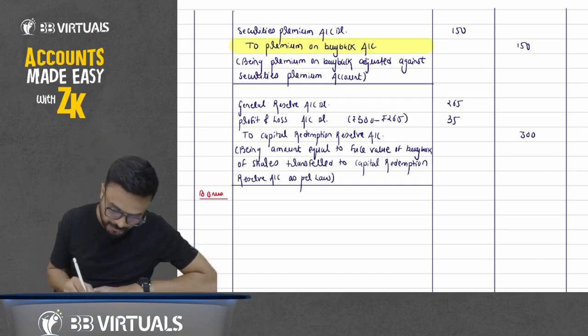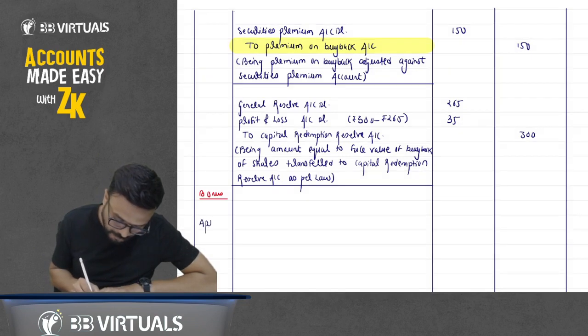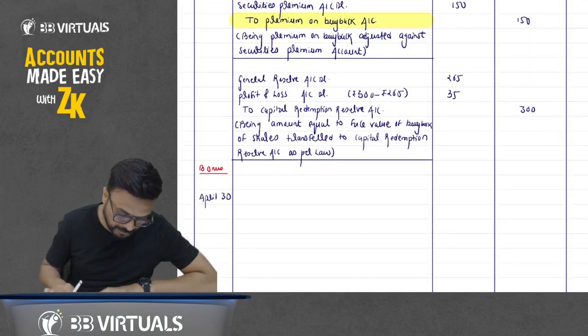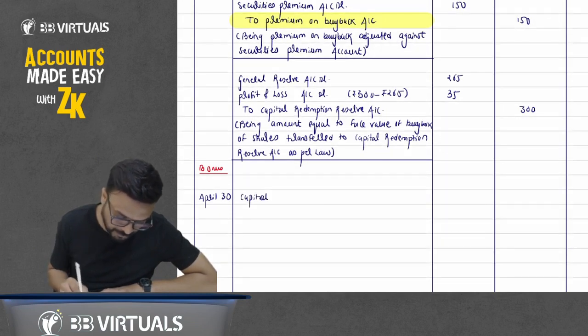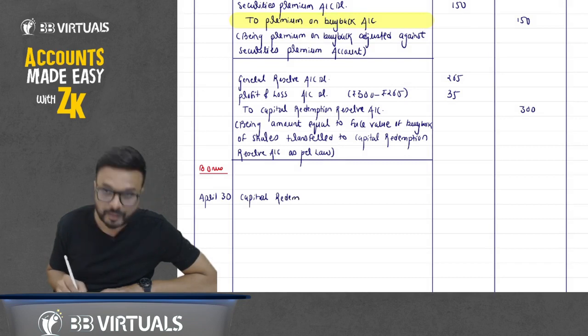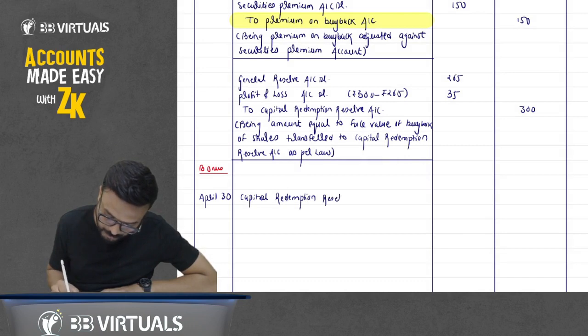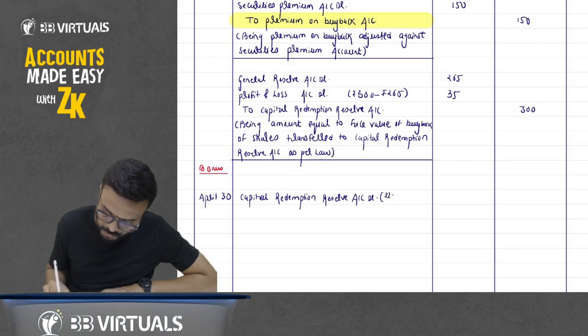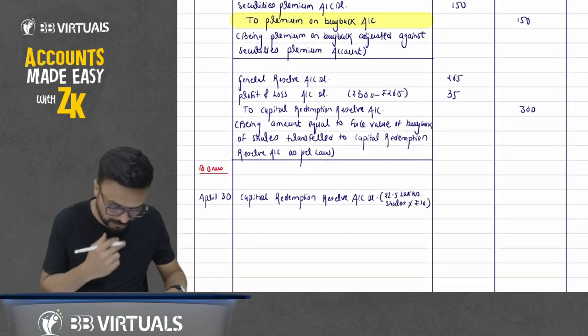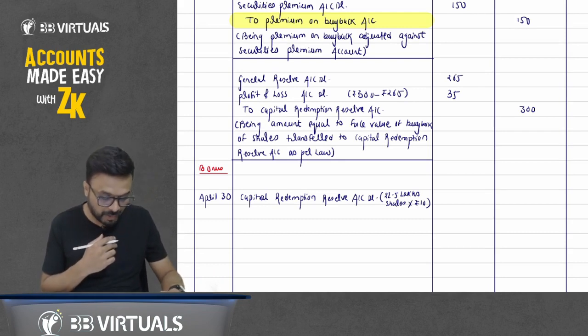So on April 30, capital redemption reserve account debit, for 22.5 lakh shares multiplied by 1, each of rupees 10. I will make a working note on how I calculated this.